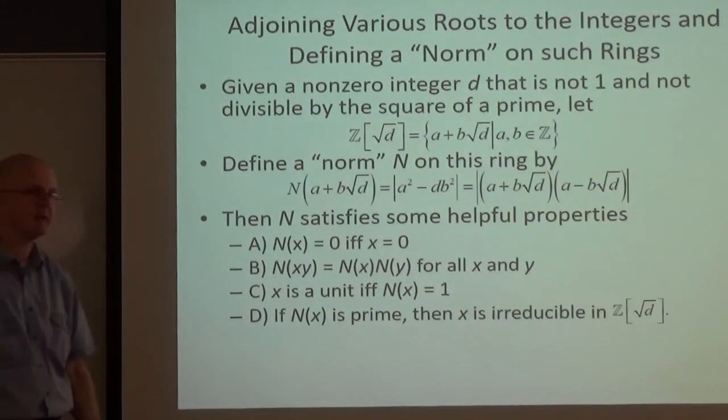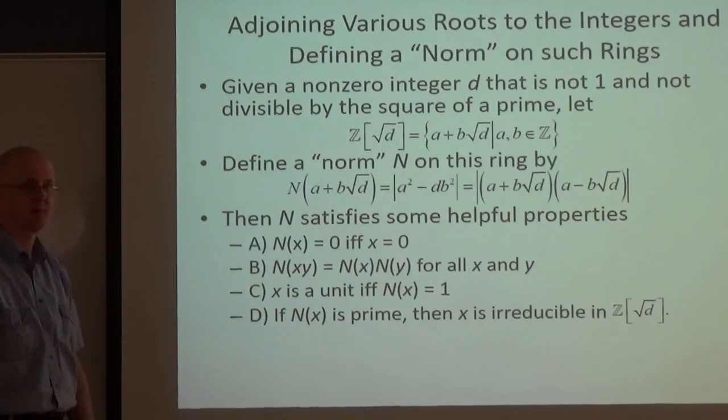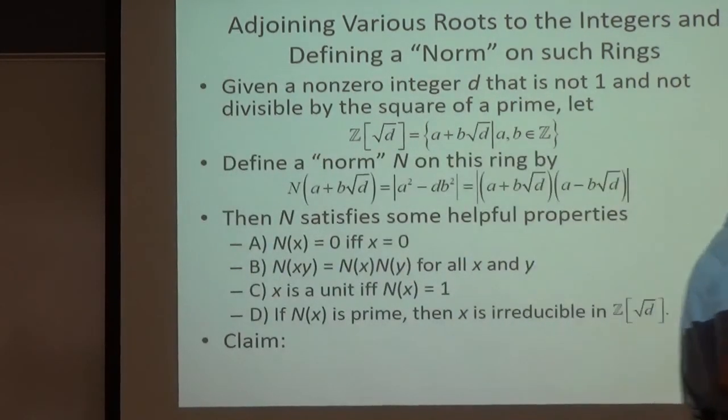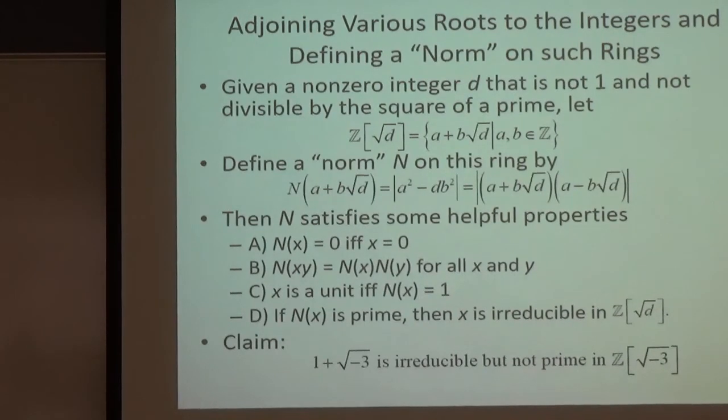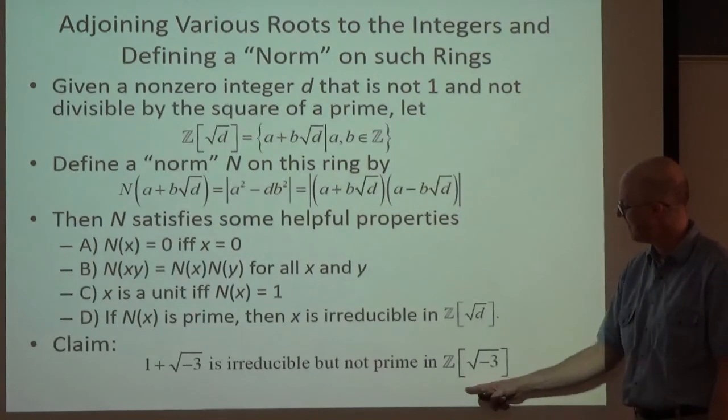Almost quiz time, hang on here. These are really useful properties. Claim: you can use these properties to, for example, prove that 1 plus square root of negative 3 is irreducible but not prime in here.